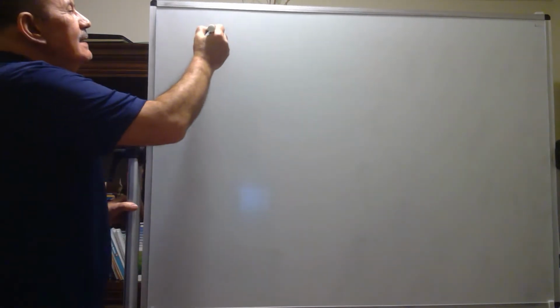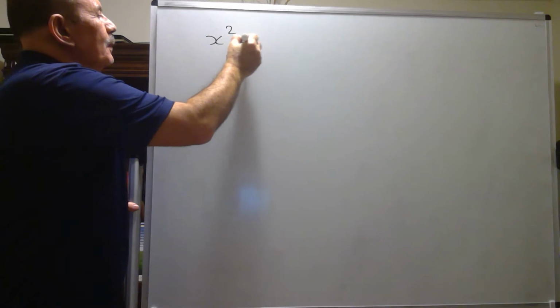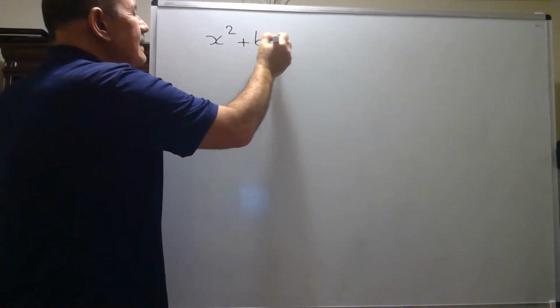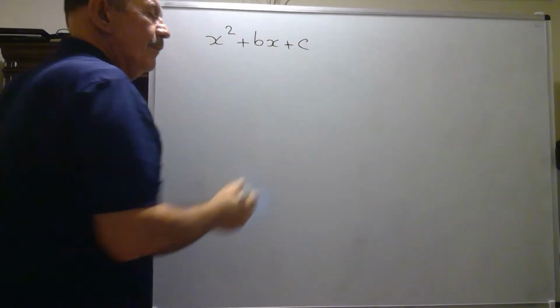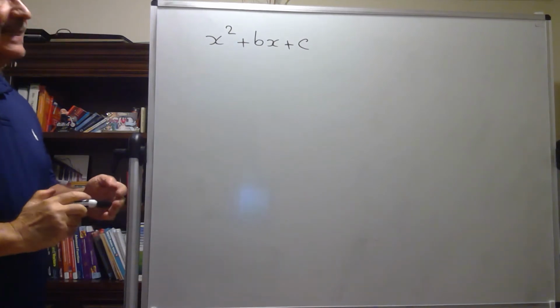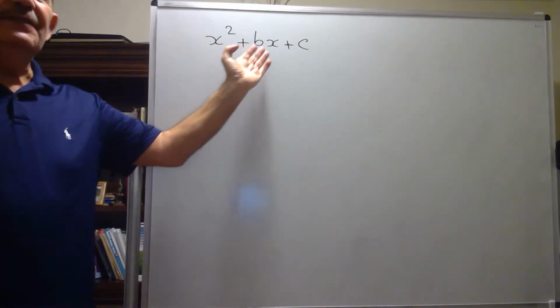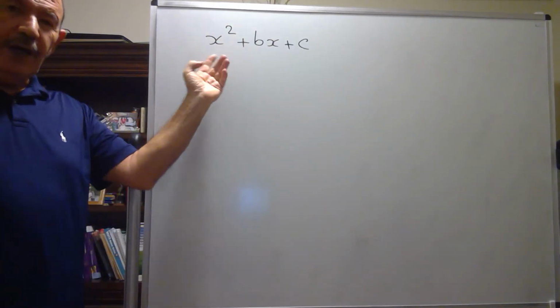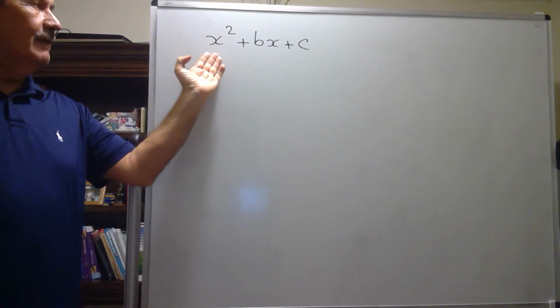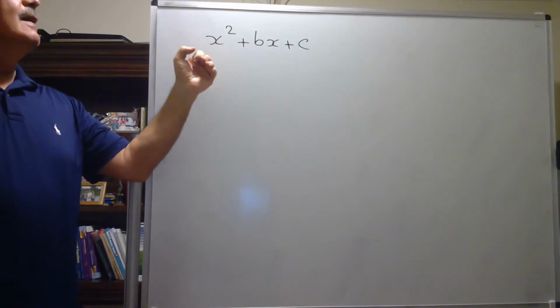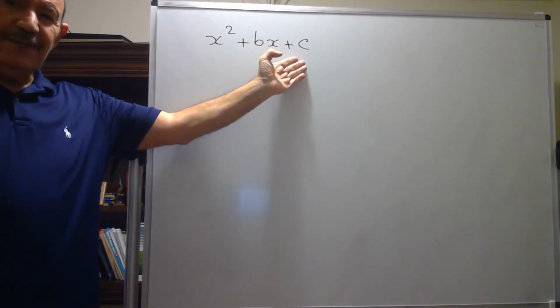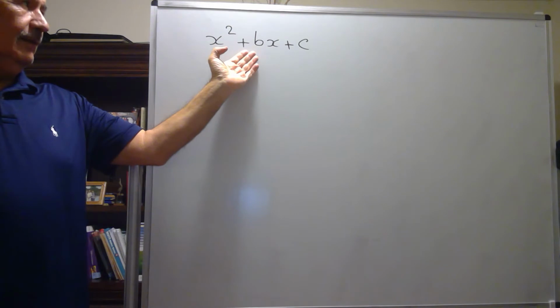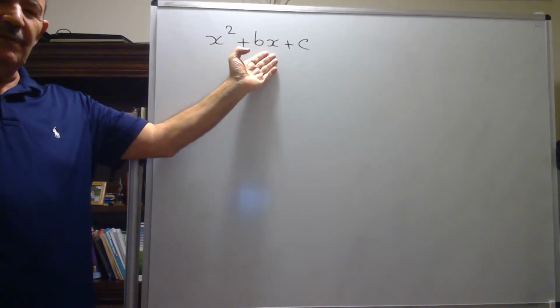Of x squared plus bx plus c. As you see, this is a trinomial because we have three terms: one perfect square, which is x squared, one constant, which is c, and b is the coefficient of the middle term.